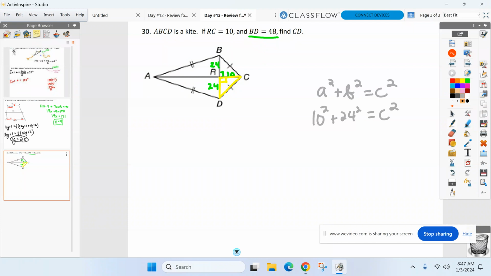Make sure at the very end you take the square root. And hopefully we got 26.